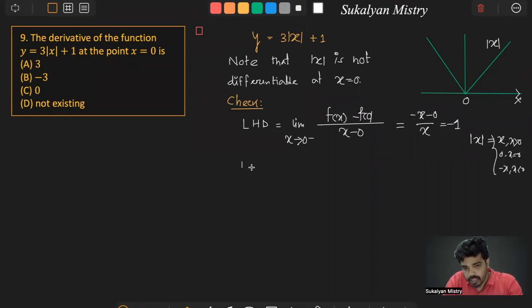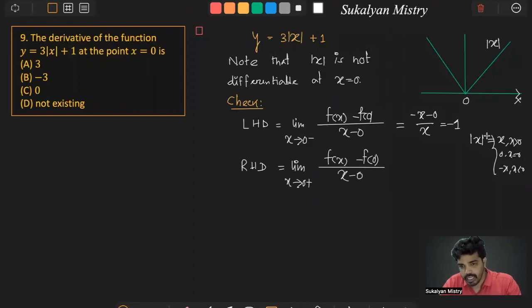Right hand derivative calculation করছি আমি, limit x tending to 0 plus f(x) minus f(0) divided by x. When we take right hand derivative, that is x tending to 0 plus, so modulus x is equal to x, positive value, so that is x minus 0 divided by x, so that is x by x, 1.